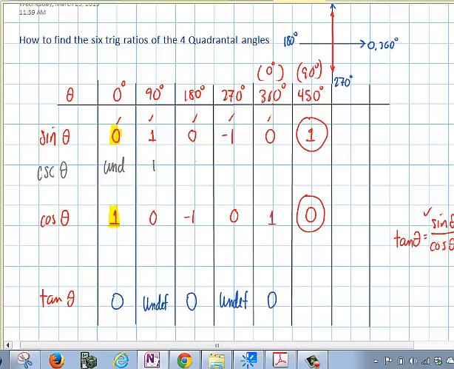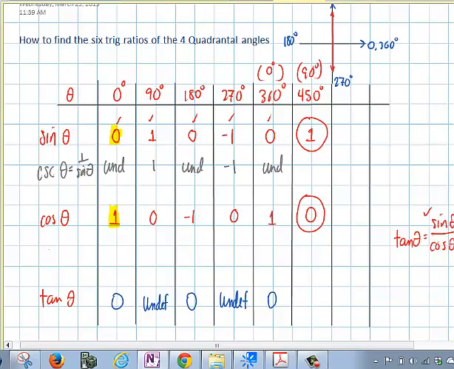The reciprocal of 0, again, is undefined. The reciprocal of -1 is -1 because you're just doing the reciprocal, 1 over that number. And here, when you do 1 over 0, that's going to be also undefined. So as you can see here, cosecant is either undefined, 1, or -1, based on the reciprocal identity that cosecant is equal to 1 over the sine of theta.